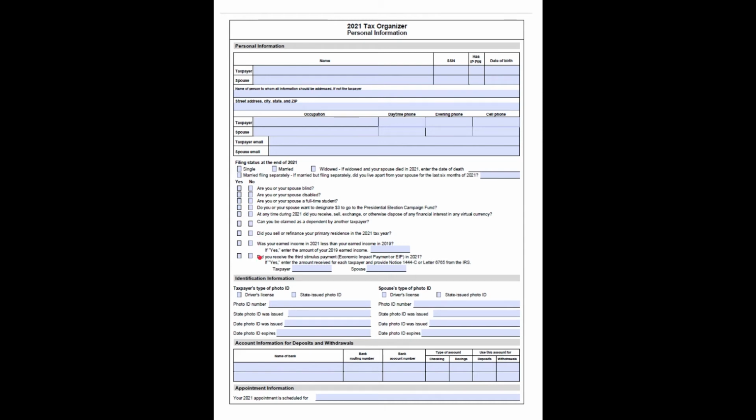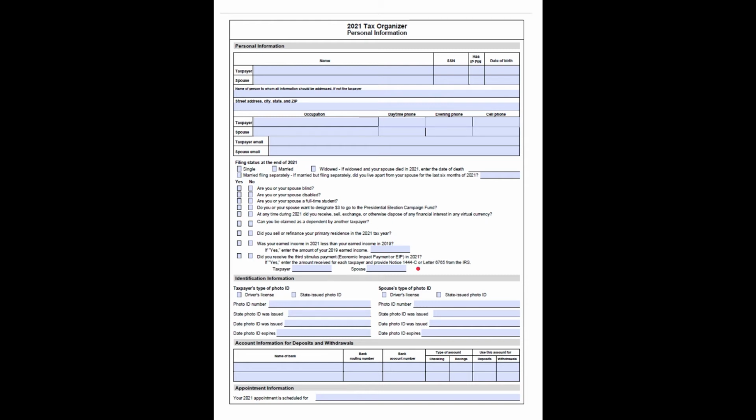These two questions are with regard to the economic impact payment. Read through those, answer those questions, put in the information as requested. What I will point out to you here is that you should have received the notice 144C during the 2021 tax year.